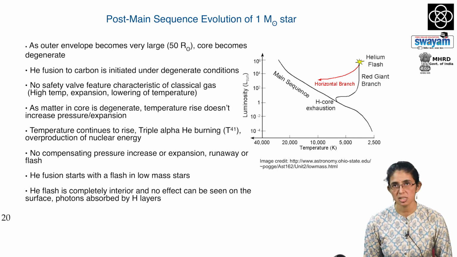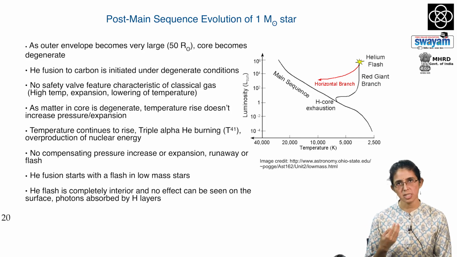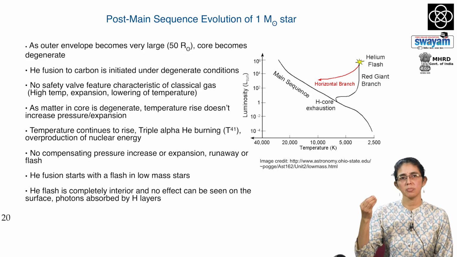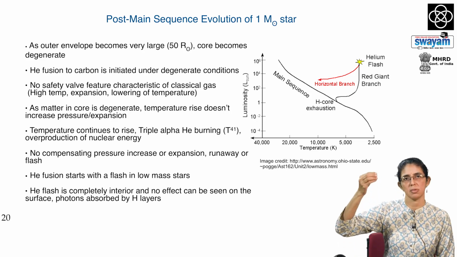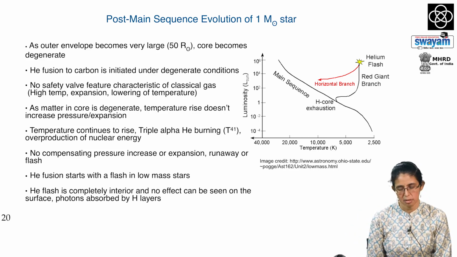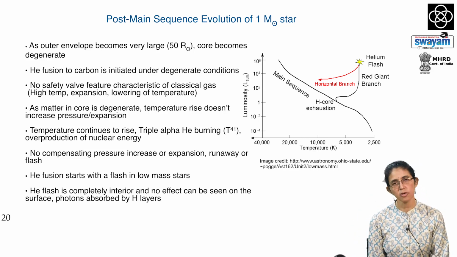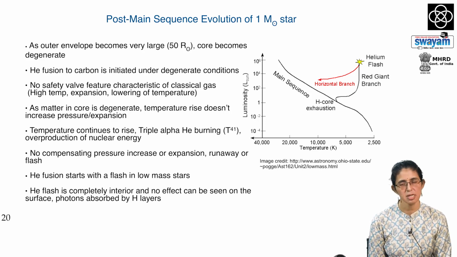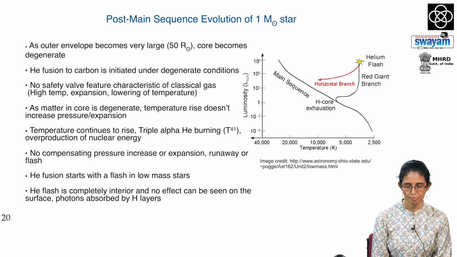However, in the case of a degenerate gas, it is unable to dispense of this heat, because the energy would just raise the outermost electrons to higher energy levels. As the matter in the core is degenerate, the temperature does not rise, and therefore it does not increase the pressure, and as a result the expansion also does not occur.